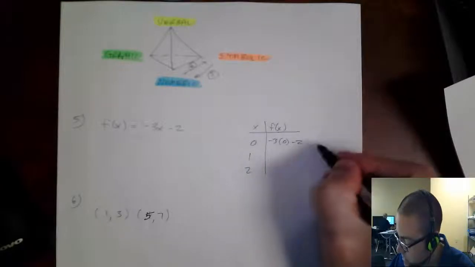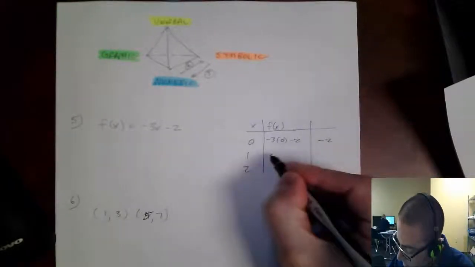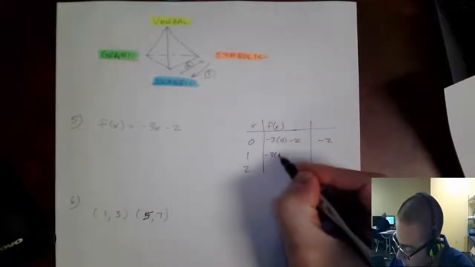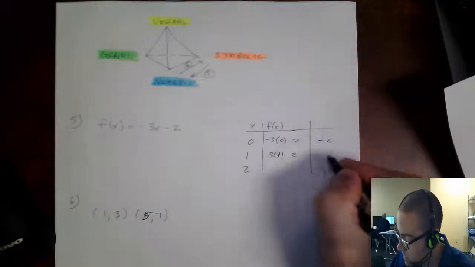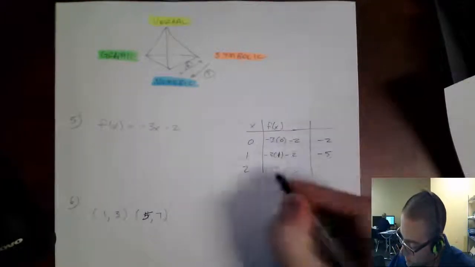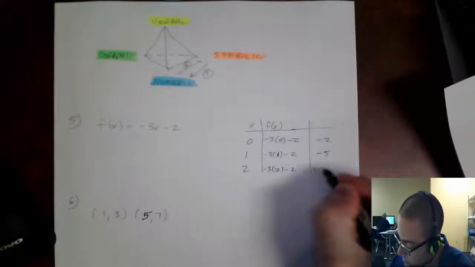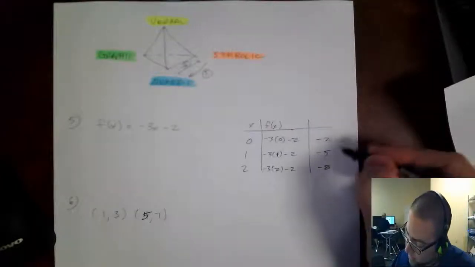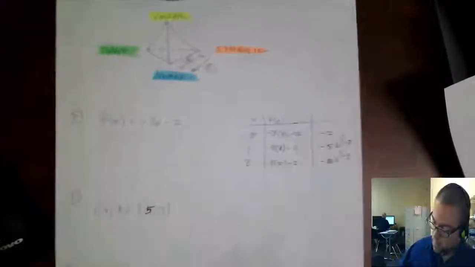So that's 0 minus 2 is just minus 2. So here's the values. And negative 3 times 1 minus 2. So that would be negative 3 minus 2 would be negative 5. And then negative 3 times 2 is negative 6. Minus 2 would be negative 8. And it should be that it's going down by 3 each time.